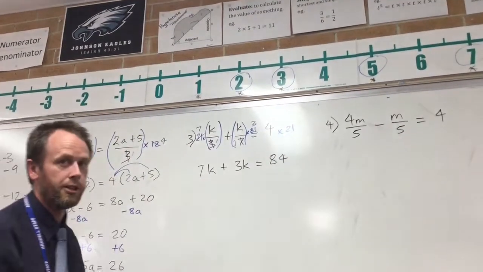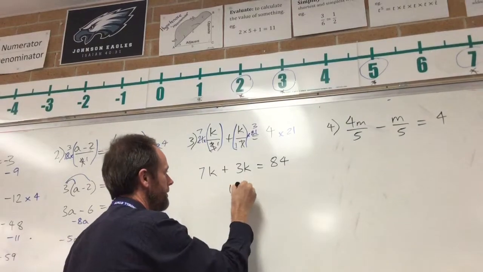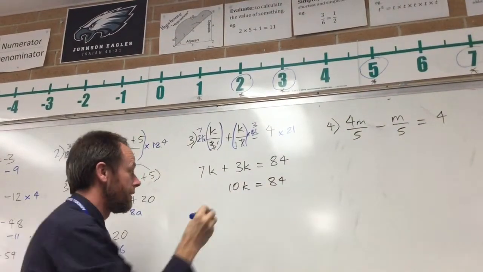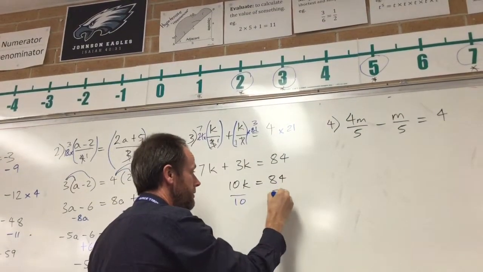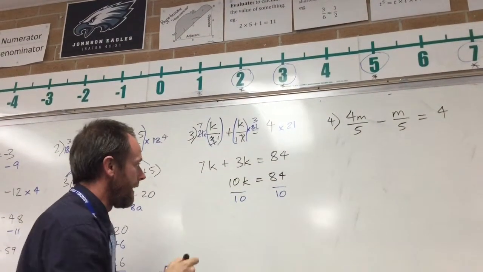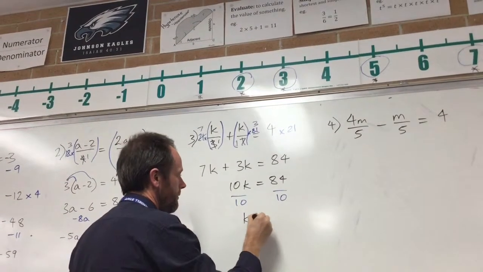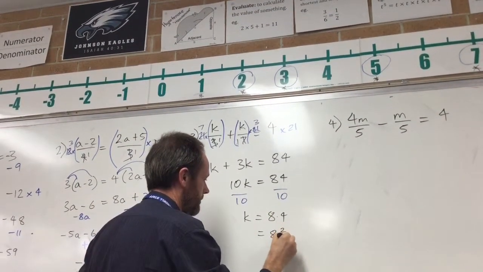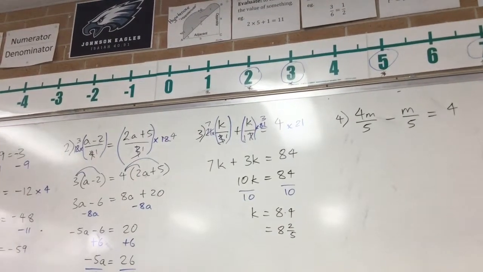I then simplify 7k plus 3k is 10k is equal to 84. Divide by 10 on both sides, and k will equal 8.4 or 8 2/5 if I was to simplify it further.